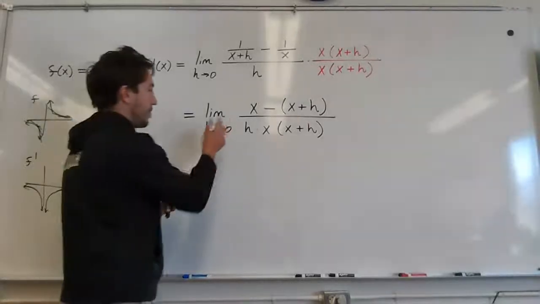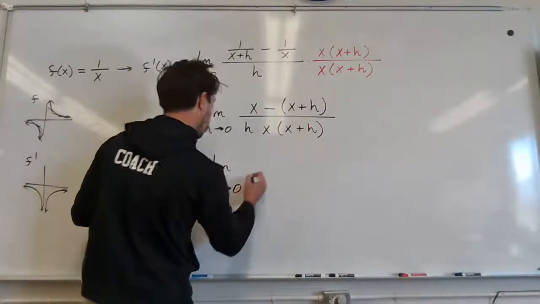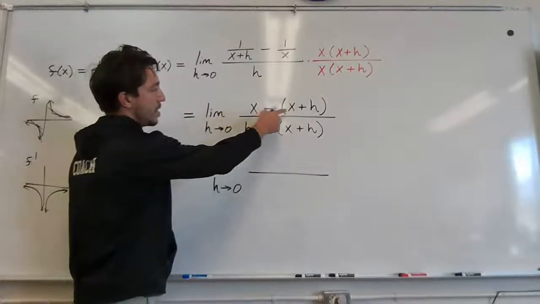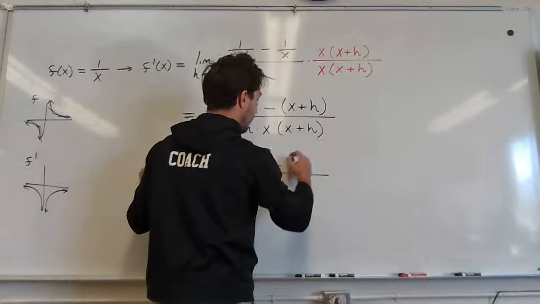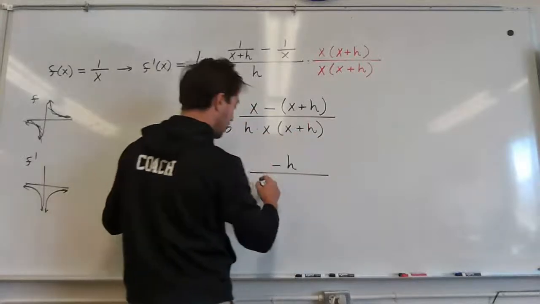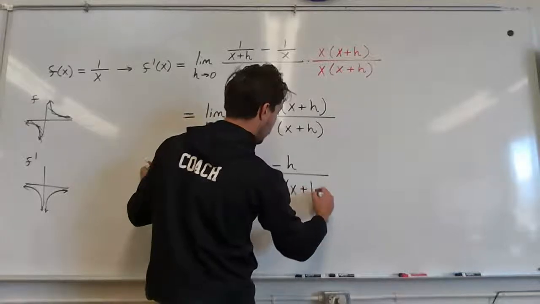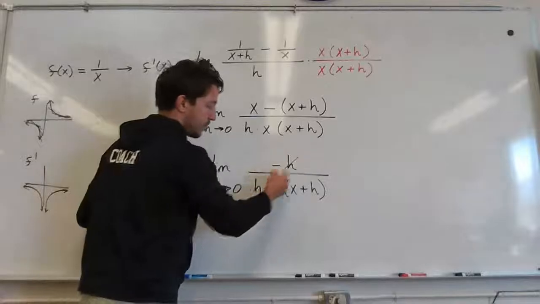Now we're going to have, okay, so on top, we're going to have x minus x minus h, so negative h. And on bottom, we're almost done. We're one step away. Those cancel out.